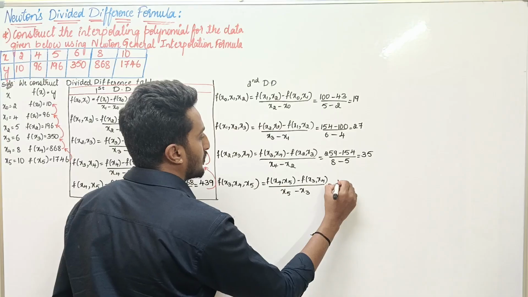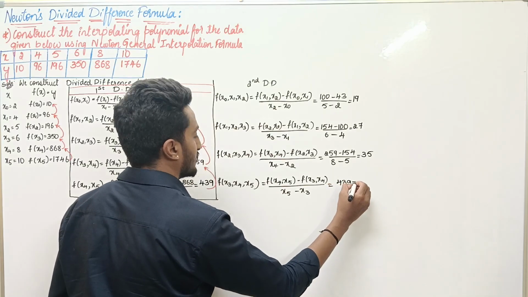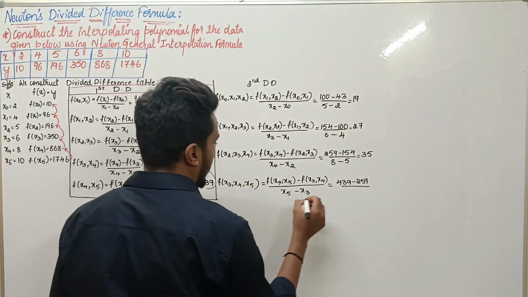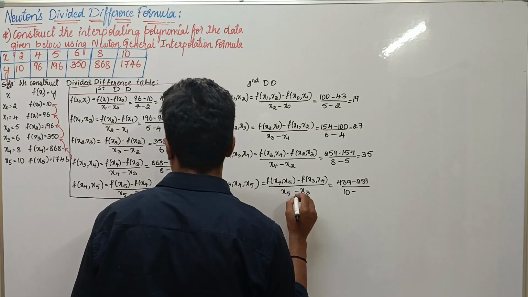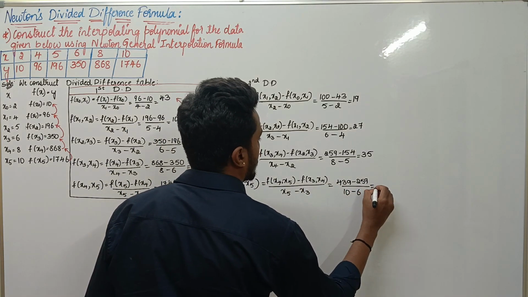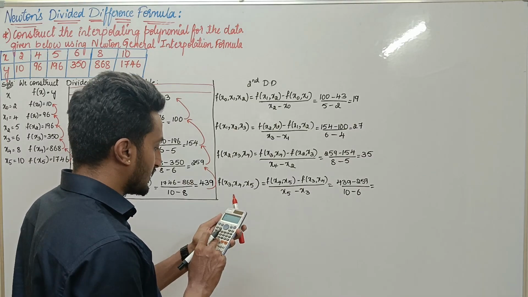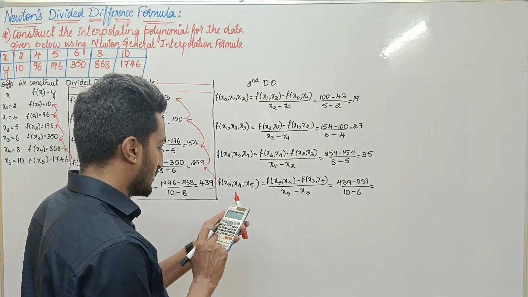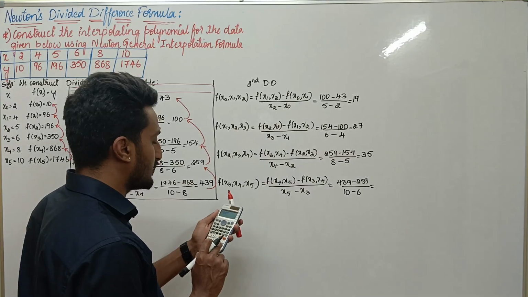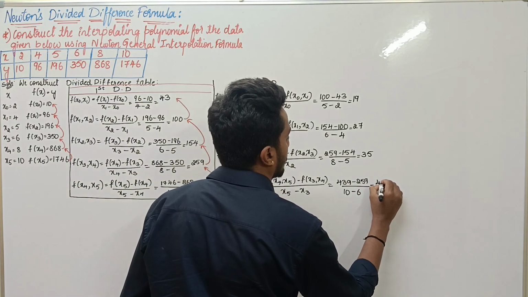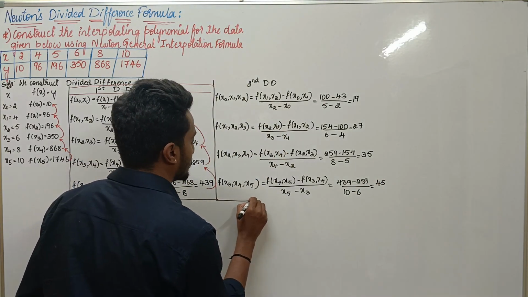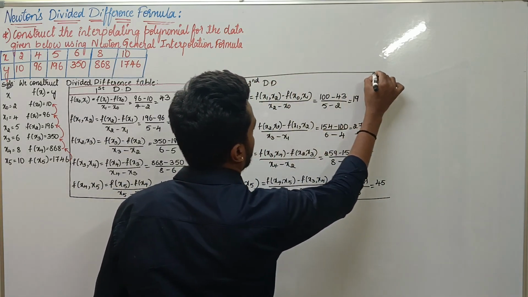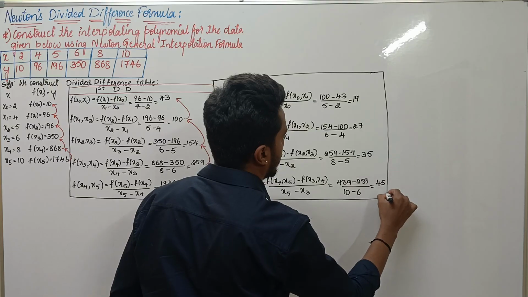That is 439 minus 259 divided by x5, which is 10, minus x3, which is 6. So 439 minus 259 divided by 10 minus 6, you get 45. This completes our second divided difference.